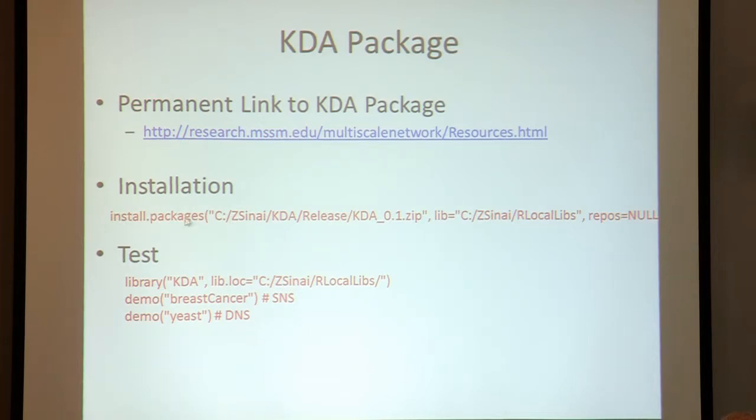The installation is quite simple, since many of you are very familiar with R. In this case, I install in a local directory. And to test, there are two demos, one called breast cancer. That is the case for the static neighborhood search.